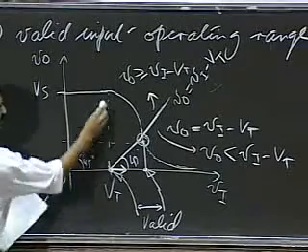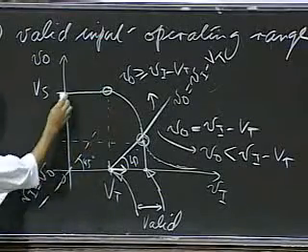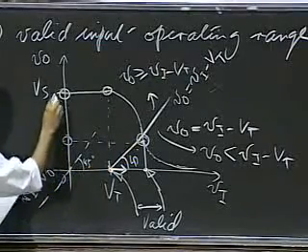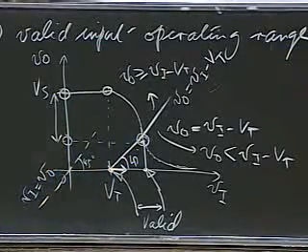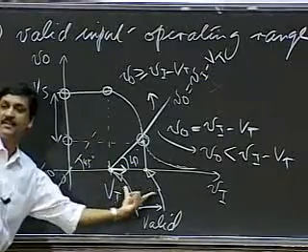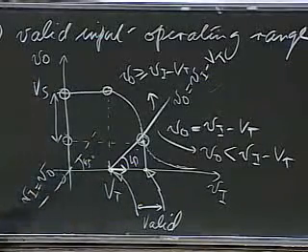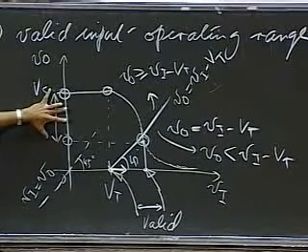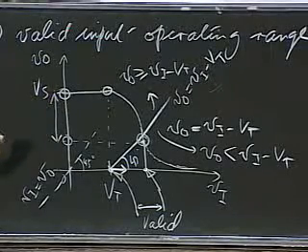And correspondingly, the outputs are from here to this point to here, like so. So this is my valid input operating range, and this is the corresponding valid output operating range. So what does this say?